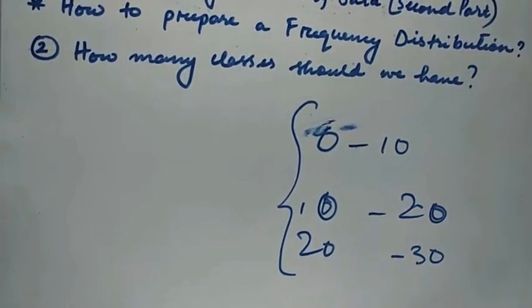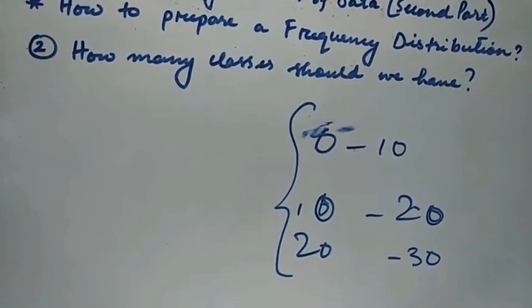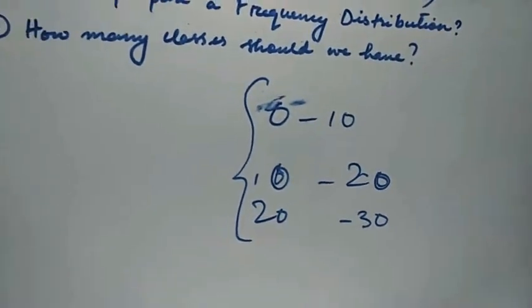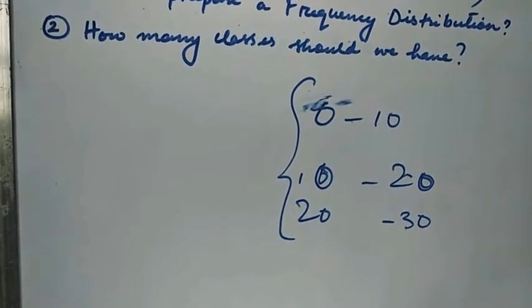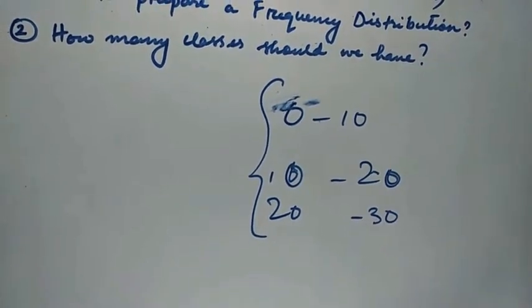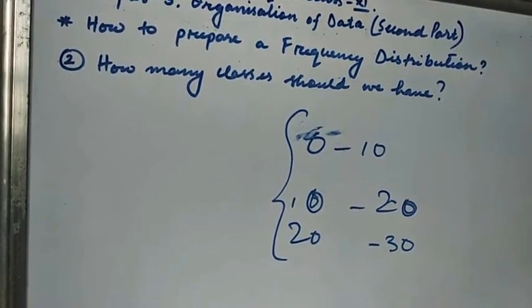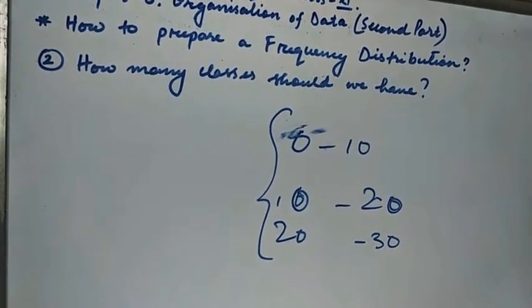How do you calculate the number of classes? By dividing the range by the size of the class intervals. I have told you range would mean the difference between the smallest and the largest values of a variable.